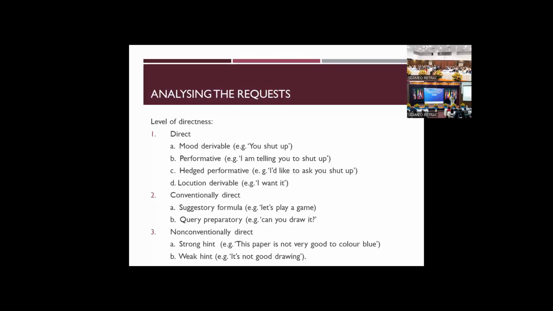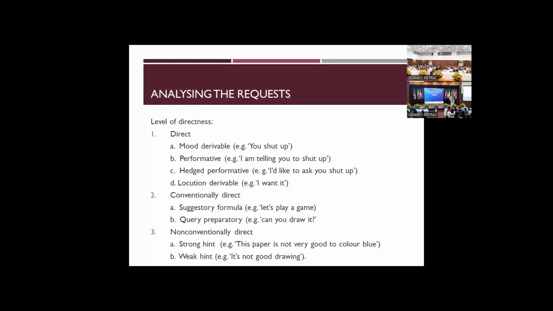And then we move to conventionally direct, and this can be done partly with a suggestion. So let's play a game. Or it can be done using the verb can. Can you draw? Can you draw it? Can I have a? Etc. And finally, they were non-conventionally direct, such as strong hints. At one time, one of these children said, "This paper is not very good to color blue."